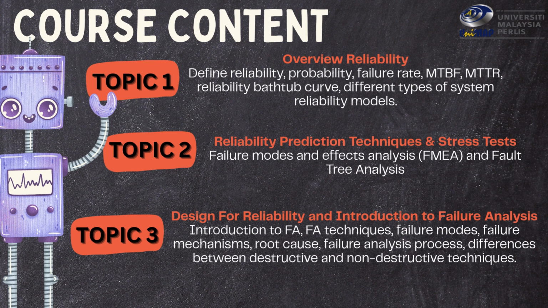Topic 3 is design for reliability and introduction to failure analysis. It covers what failure analysis is, what failure analysis techniques are, failure modes, failure mechanisms, the root cause of failure, the failure analysis process, and the differences between destructive and non-destructive techniques.